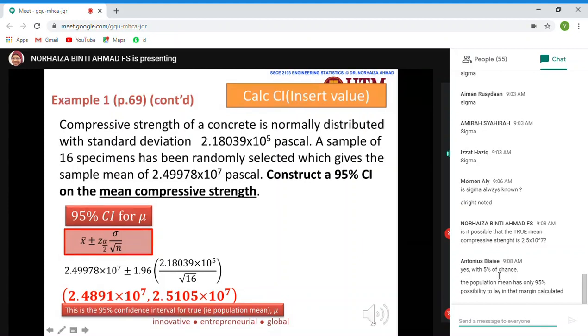So you know that 2.5, so you got 2.489. So that means, let me just write it here. This 95% is the possibility that, so if this is 2.489.